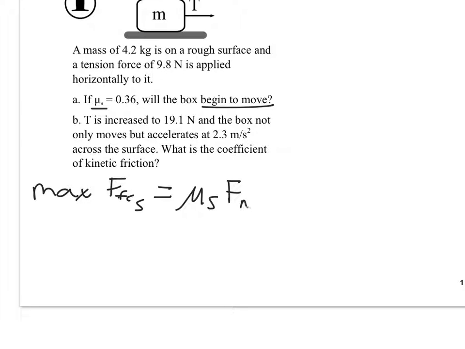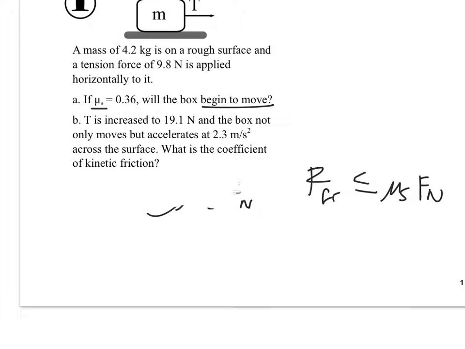So when those are equal, it is at its maximum. The force of friction can be anything less than or equal to that, mu sub s times the normal force, but when it's equal to, that is the maximum.